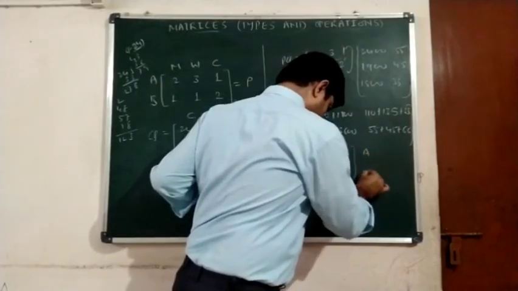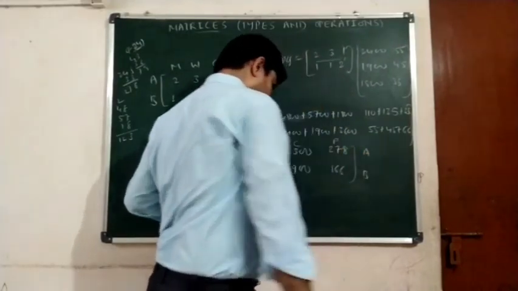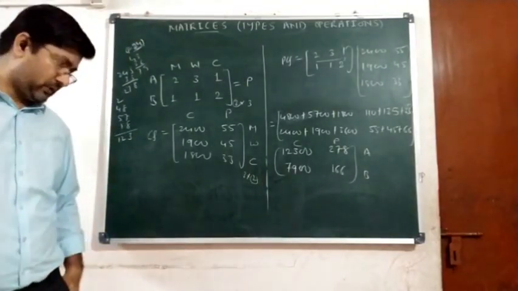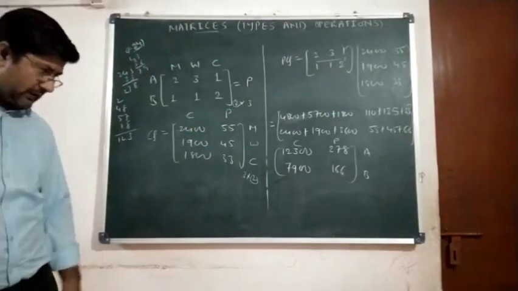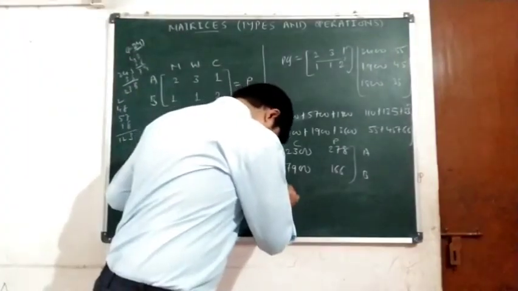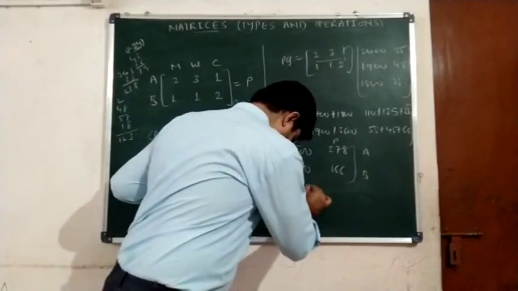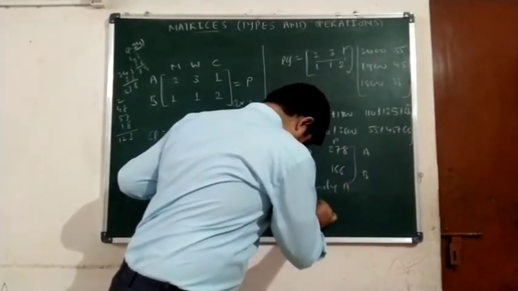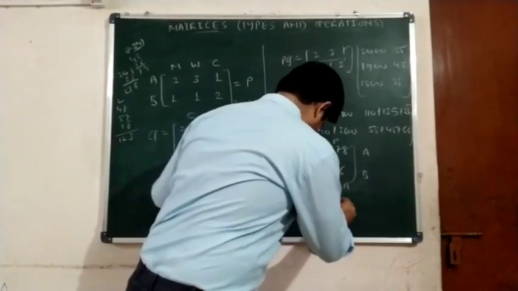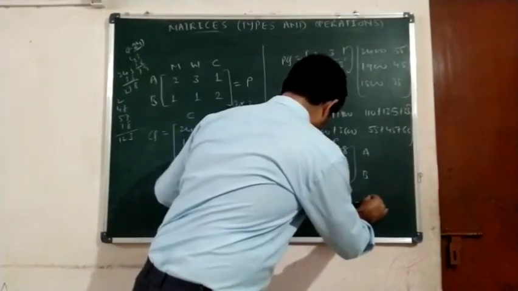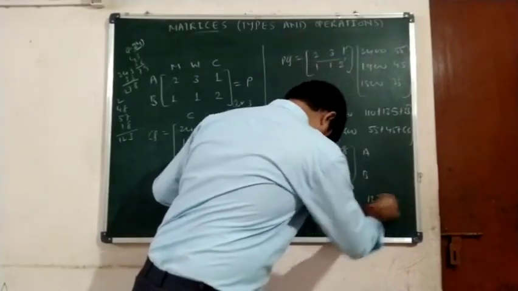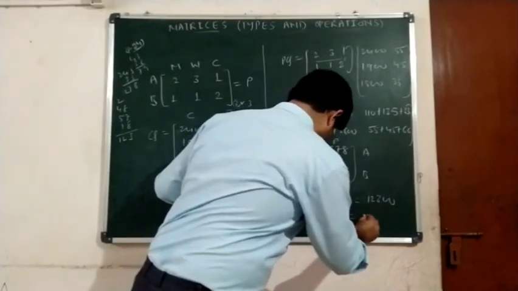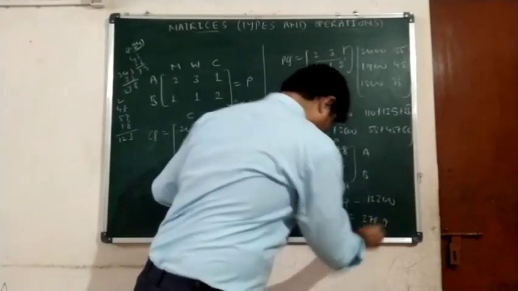The first row represents calories and protein for family A, and the second row represents calories and protein for family B. So finally, we will write down a statement that for family A, calories required are 12300 and protein 278 grams.